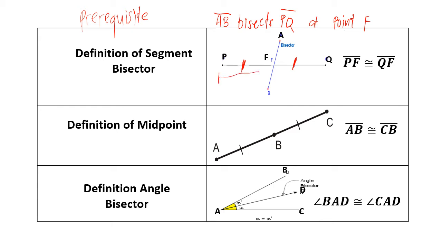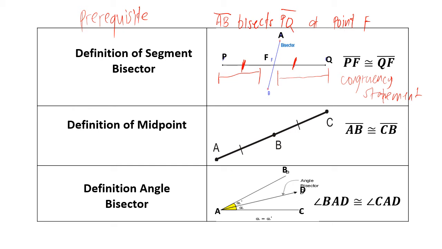Side PF is congruent to side QF. Pwedeng magkabaliktad ha. And this is now your congruency statement. Let me write. Are we clear with that? Now, this is still the definition of the segment bisector.